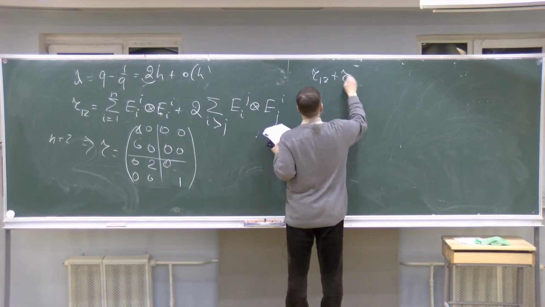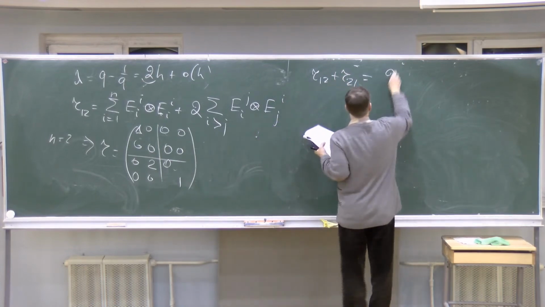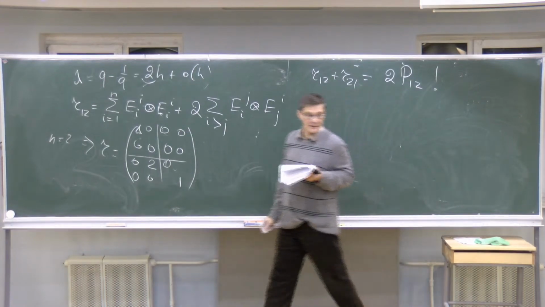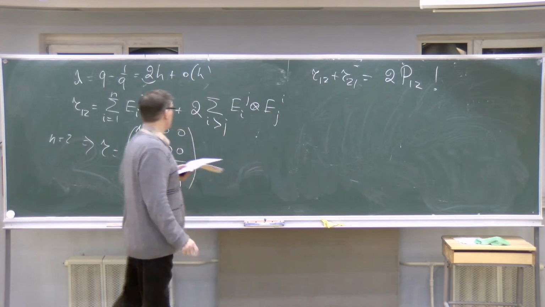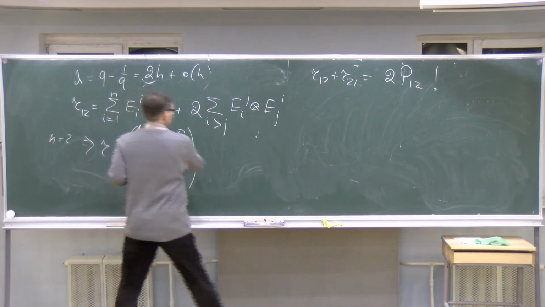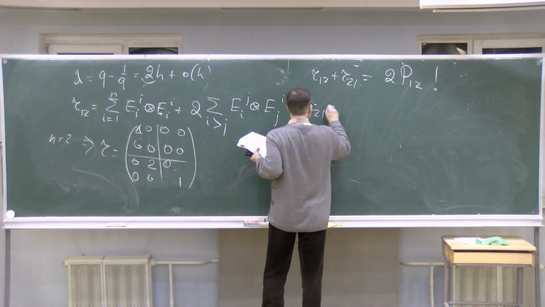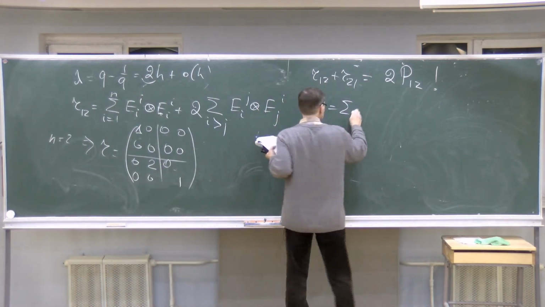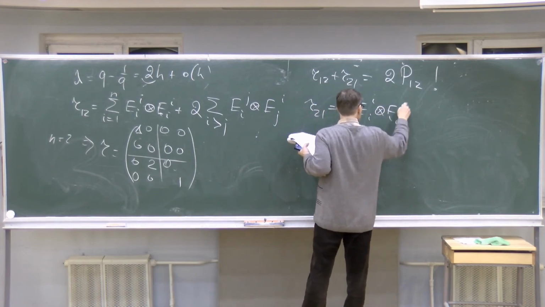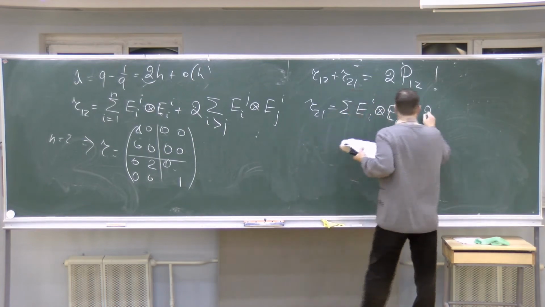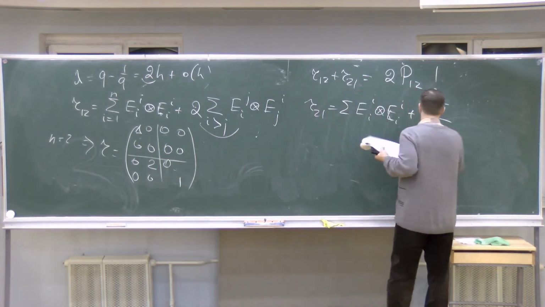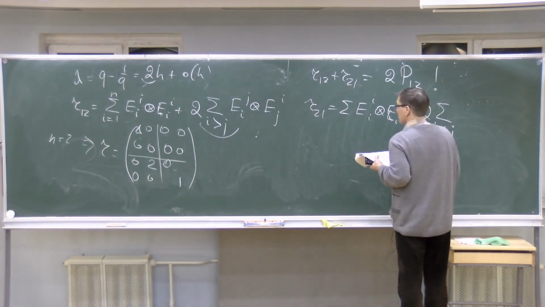R12 plus R21 is equal just to pi 12, because R21 has the same diagonal term, of course, and here I'll get the following sum.